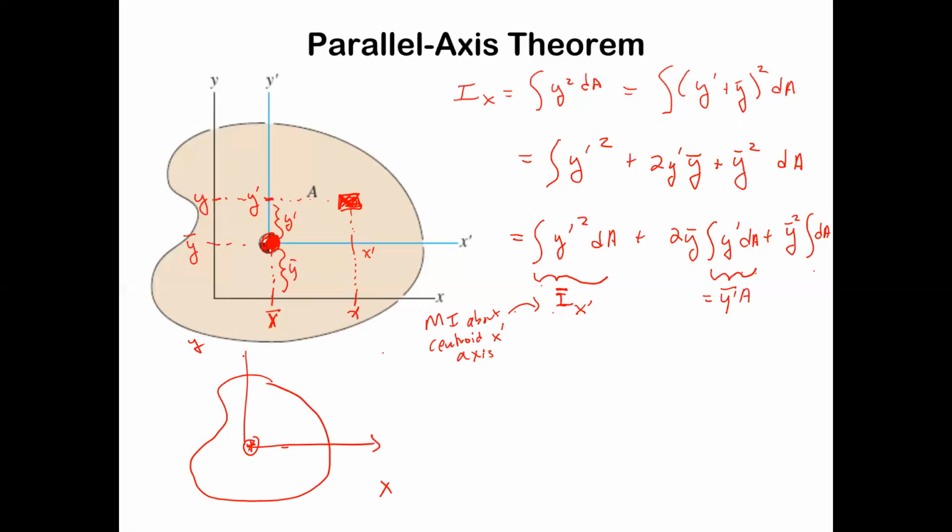Well, we still have to have a way of referring to y bar. Y bar is the location of the centroid offset from the x-axis. So in this case, we're calling this x prime, y prime, and I want to know what is y bar in the x prime, y prime system? How far is the center of gravity from the x prime axis in the x prime, y prime system?